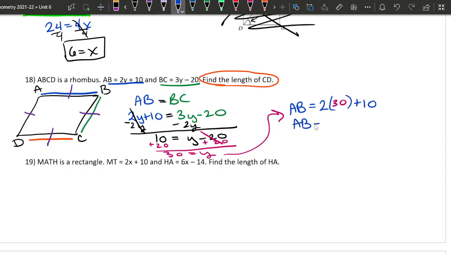So AB equals 60 plus 10. So AB equals 70. And since all the sides are congruent, that means that CD also equals 70 because it's a rhombus.